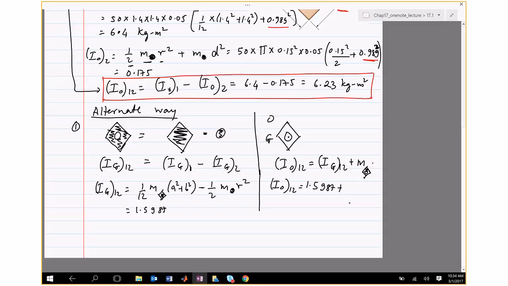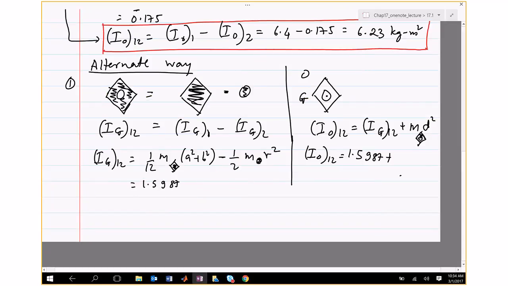I need to find the mass of the composite body. It's not the mass of the square plate, not the mass of the circle, but the mass of the square plate without the circular disk.